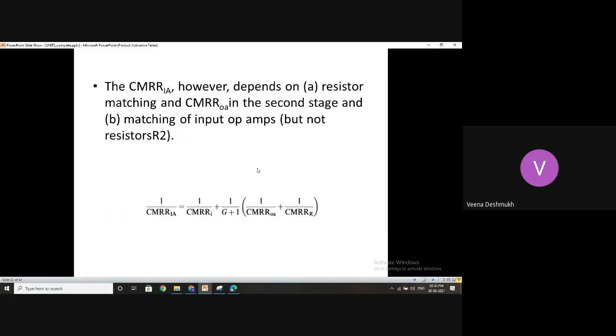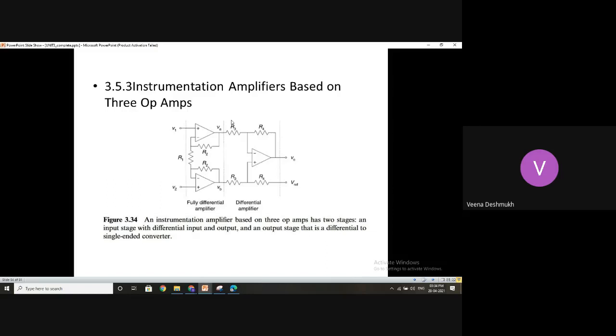Then another parameter is matching of the input op amps. What exactly I mean by matching of input op amps is that both these op amps should be matched in every aspect: input and output impedances, the bandwidth, and the open loop gain factor.